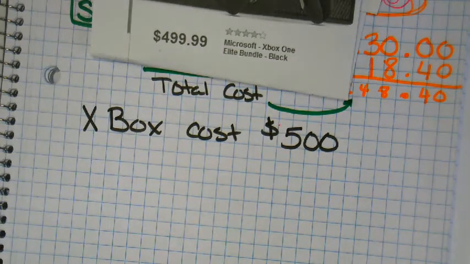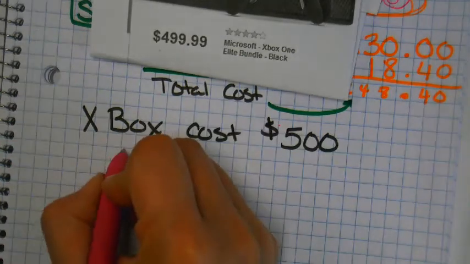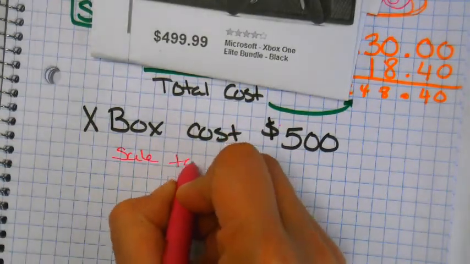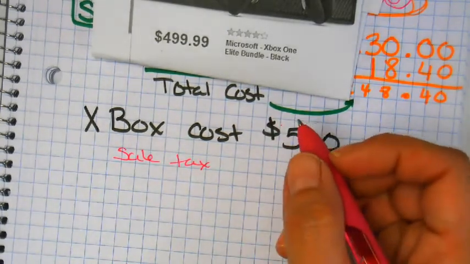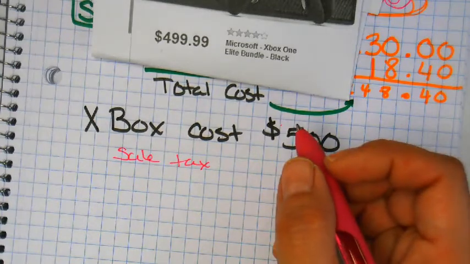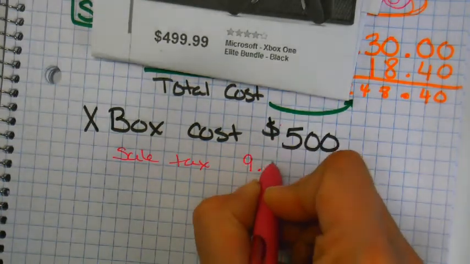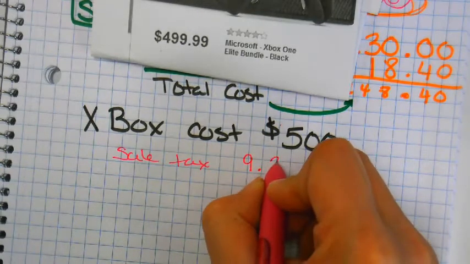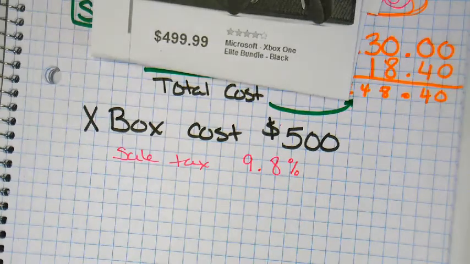Okay. Now, let's say I am going to buy it in Santa Ana. The sales tax in Santa Ana is actually 9.75%. We're going to round it to 9.8%, to help us with the multiplication.